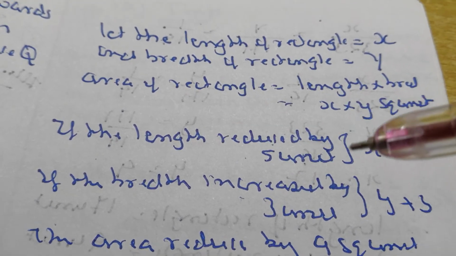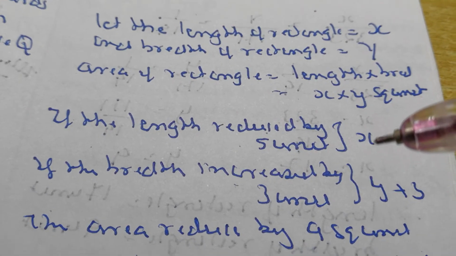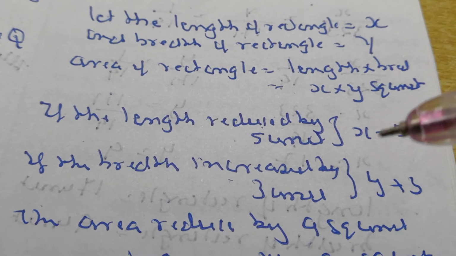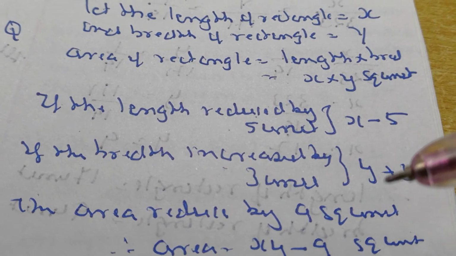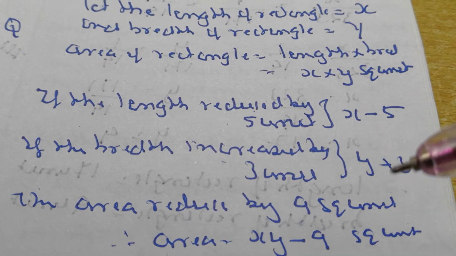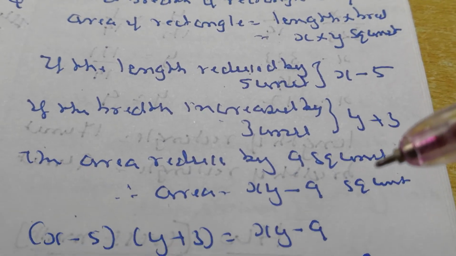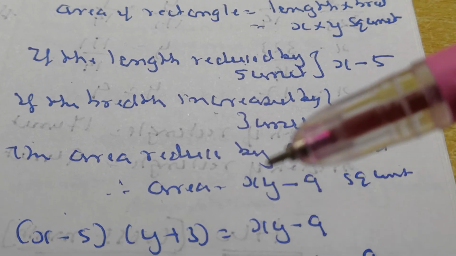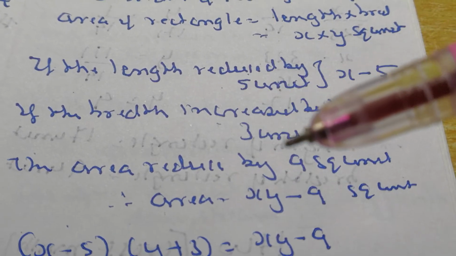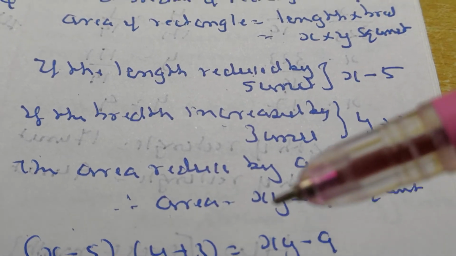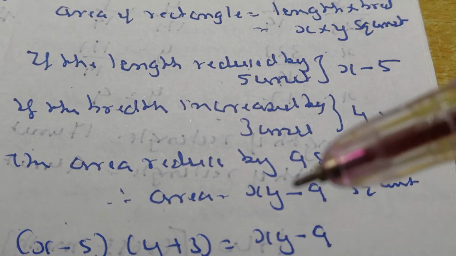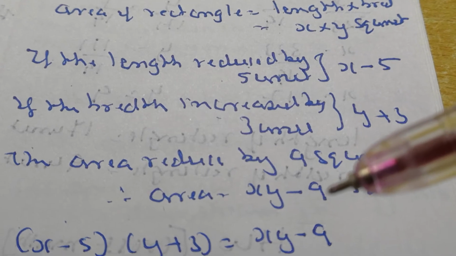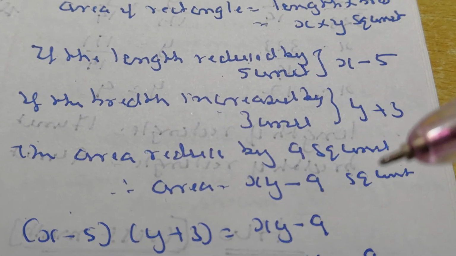The length is reduced by 5 units, so x minus 5, and the breadth is increased by 3 units, so y plus 3. The area is reduced by 9 square units, so the area is xy minus 9.